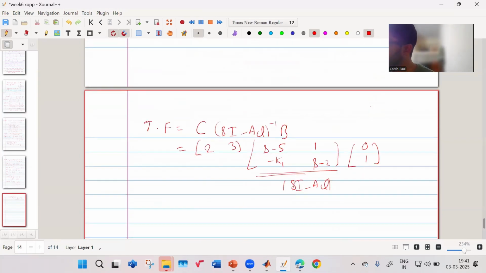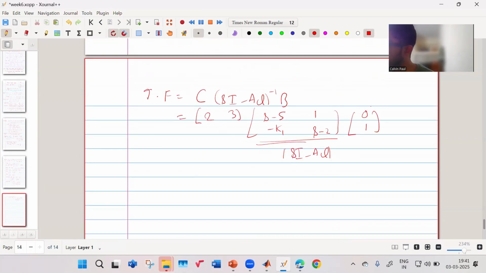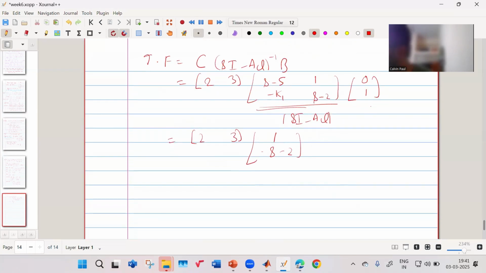So what I'll do is multiply with B first because that is simpler. So my transfer function is what? 2, 3, S minus 5, 1, minus K1, S minus 2... sorry, I didn't multiply it yet. So it is S minus 5 into 0 is 0, and here 1. Minus K1 into 0 is 0, and here it will be S minus 2. Upon the determinant of sI minus A closed loop.